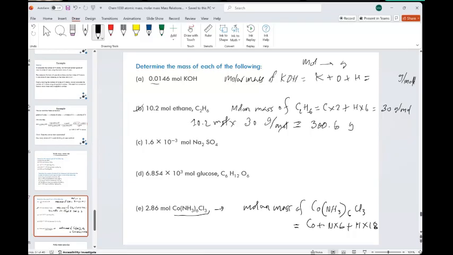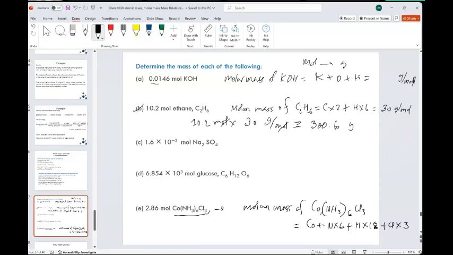Plus Cl times 3. This 6 belongs to NH3 only, not cobalt. Cobalt is just 1 here. We don't write 1. So cobalt plus N times 6 plus H times 18 plus Cl times 3.